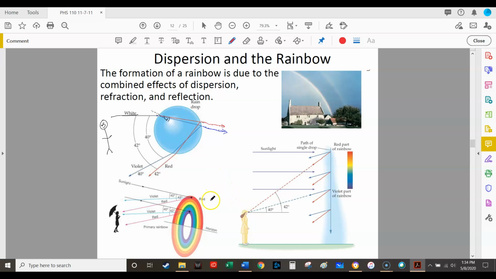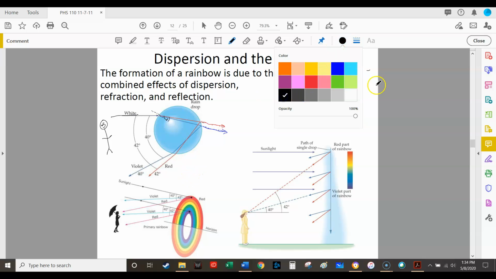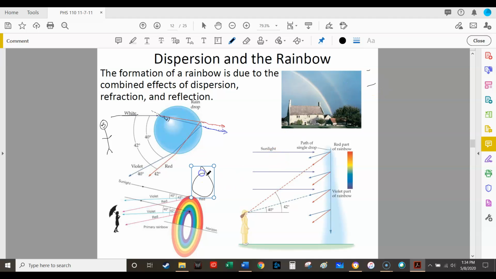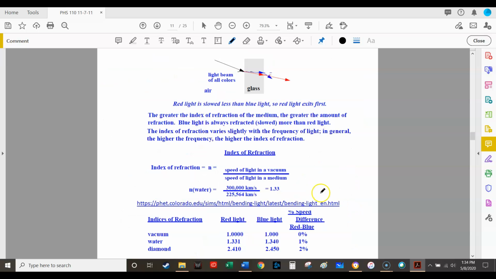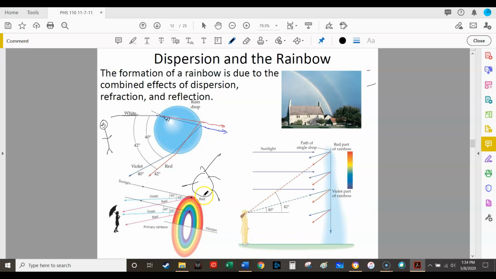And here's the interesting fact too: in order for you to see a rainbow, the sun has to be behind you, right? The sun has to be here behind you. And if you ever see it raining and it's not raining on you, it's raining over here further away from you and it's at sunset or sunrise, make sure you turn your back to the sun and then look at the rain, because if the sun is low enough in the sky, it's got to be directly behind you too.